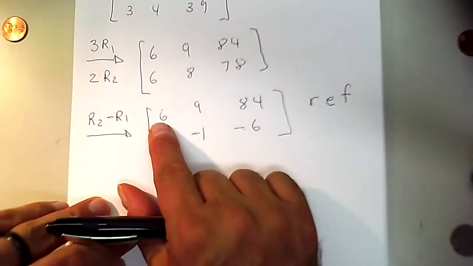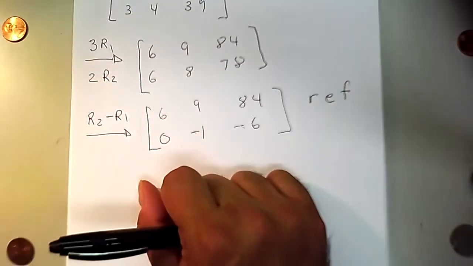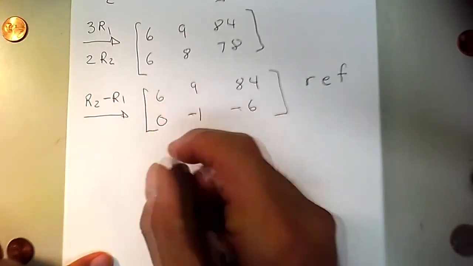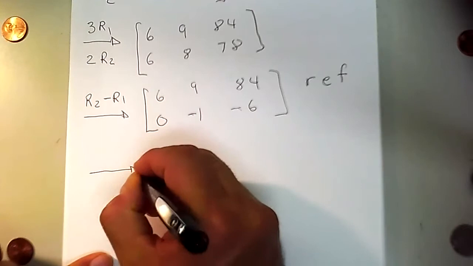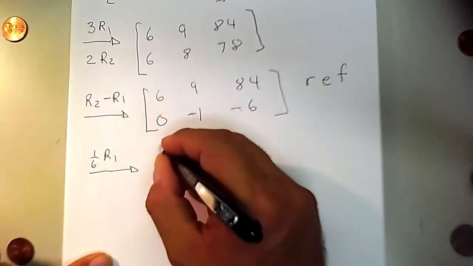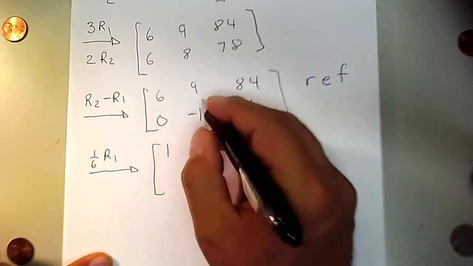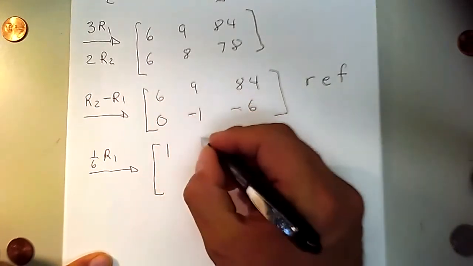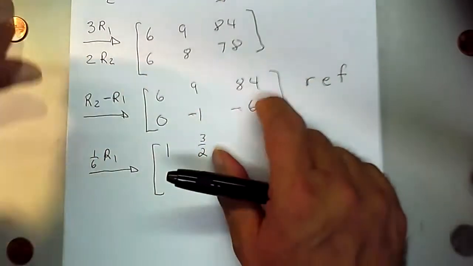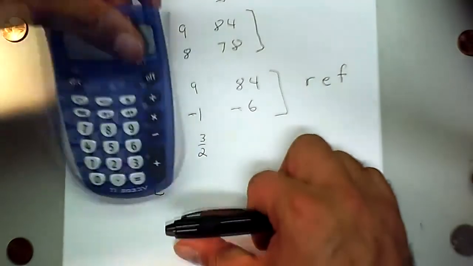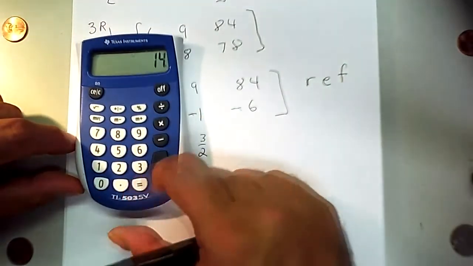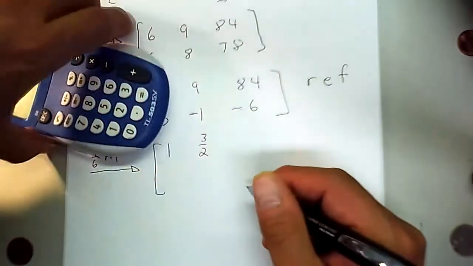We need to divide this row by 6, which is the same thing as multiplying 1/6 times row 1, and we end up with 1. 9 divided by 6 simplifies down to 3/2. 84 divided by 6 equals 14.